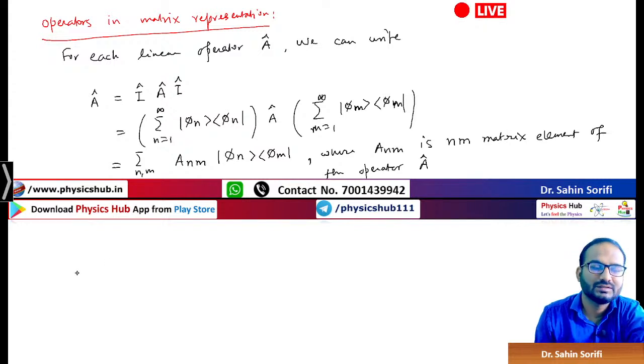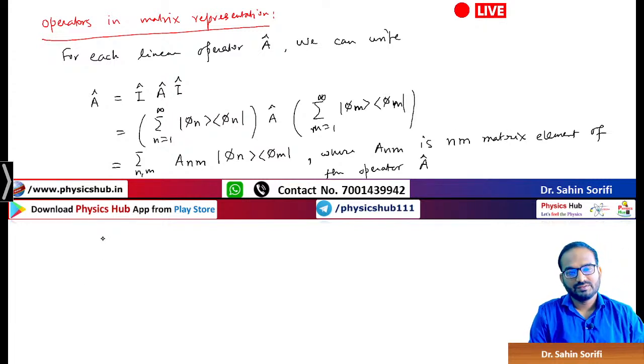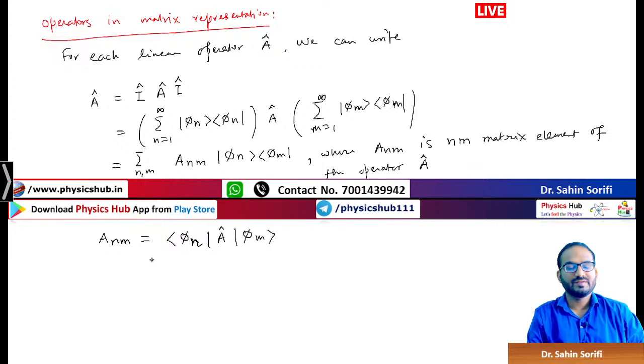How will you write those matrix elements? You can write them with this formula: Anm equals ⟨phin|A|phim⟩. If the basis vector is phin, you can write it in this way; if it is given in terms of psi, you can write it in another way. So Anm is ⟨phin|A|phim⟩, where phin within the bracket is the basis.